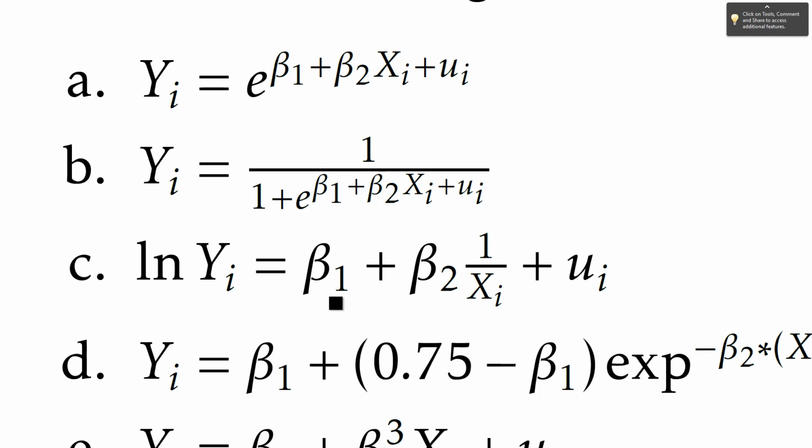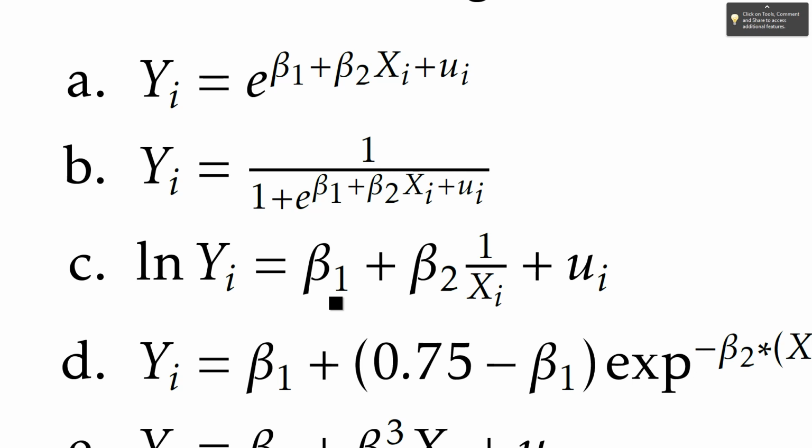So e is the exponent. Can you make it linear? How would you do that? To make it linear, we just need the betas to be linearly placed. We have to extract them from the exponent. How to extract them from the exponent?